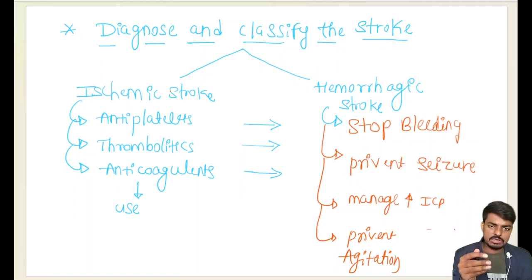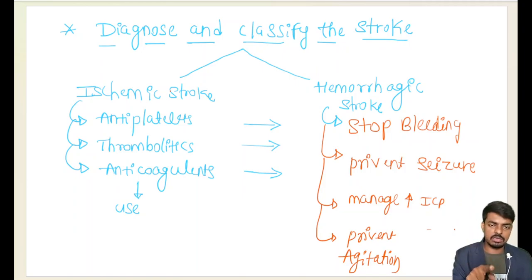The treatment of hemorrhagic stroke is contraindicated in ischemic stroke, and the treatment of ischemic stroke is contraindicated in hemorrhagic stroke. If we give hemorrhagic stroke treatment in ischemic stroke, the patient will die. If we give ischemic stroke treatment in hemorrhagic stroke, the patient will die.